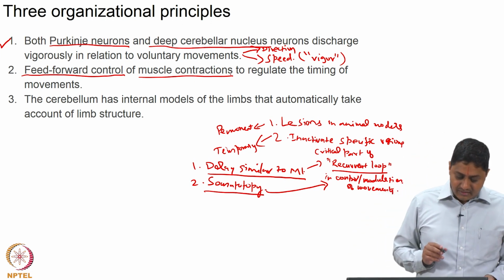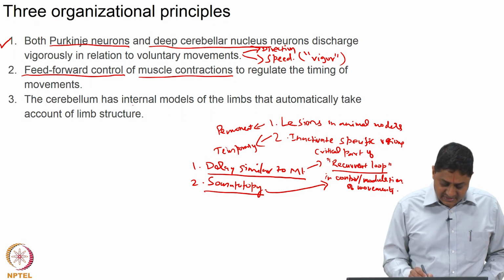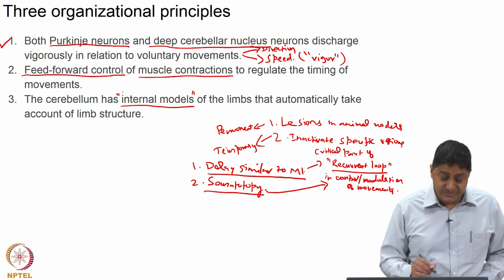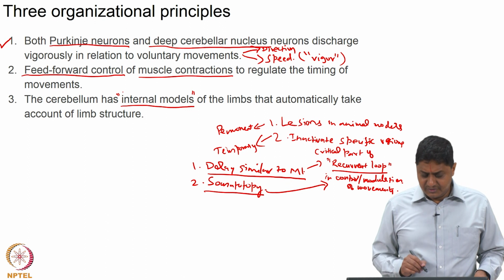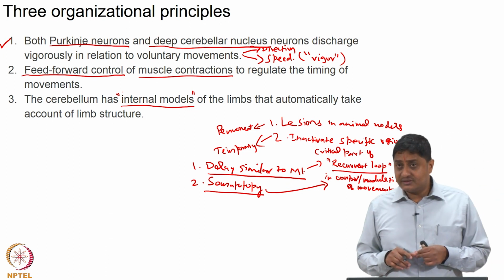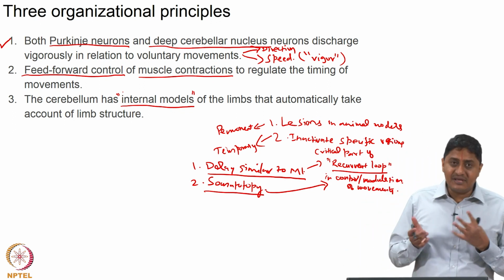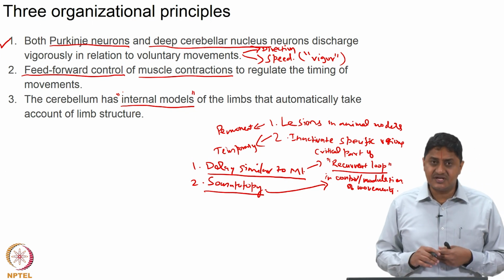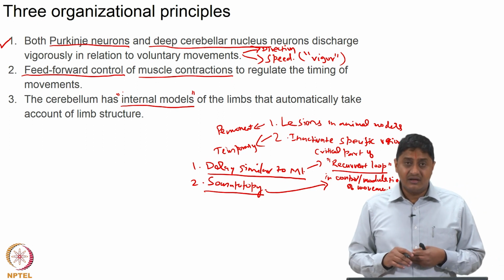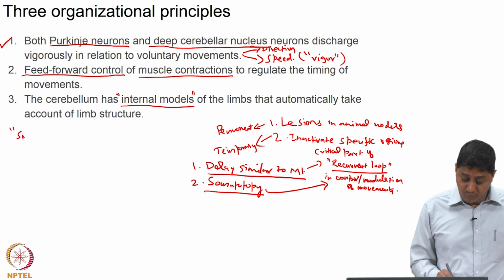Okay. Then the third is a controversial claim that the cerebellum has "internal models", I am putting it in quotes. So, in some sense at least the following is known, that when you are making a movement, the limb structure and the dynamics, the mechanics associated with the movement must be properly accounted for to ensure that the movements are smooth.